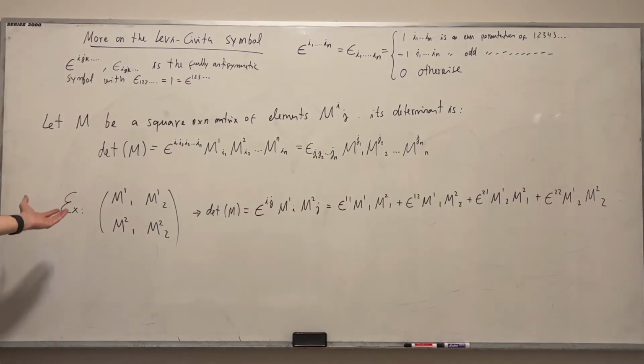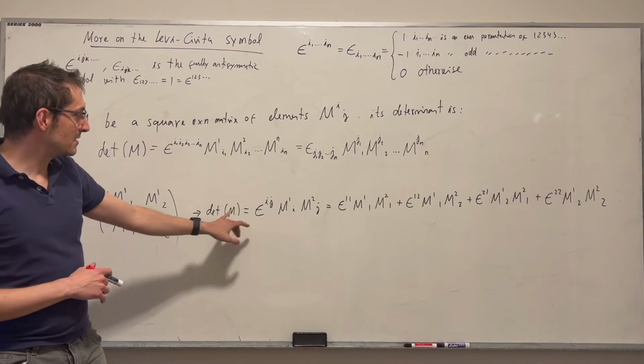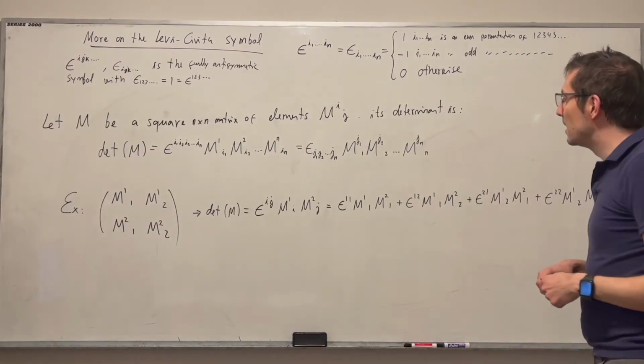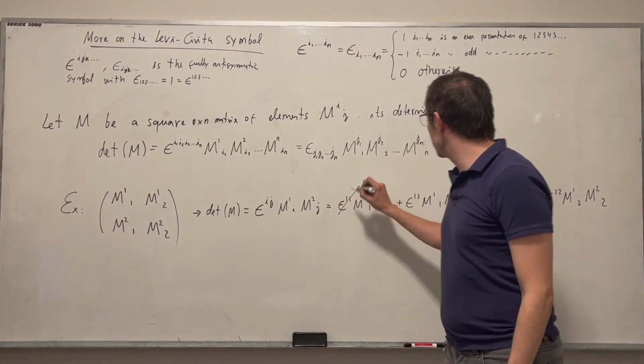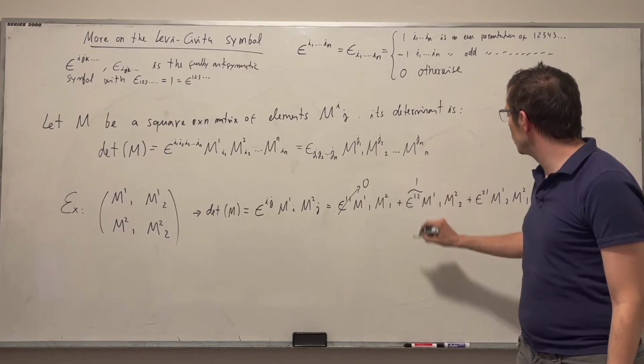Now, an example in 2 by 2. This is the matrix in 2 by 2, and now we say the determinant of M is the contraction like this. So let's expand all the Einstein sums in here. This one has repeated indices, so it is 0, that doesn't contribute. Epsilon 1, 2 is an even permutation of 1, 2, so this is 1.